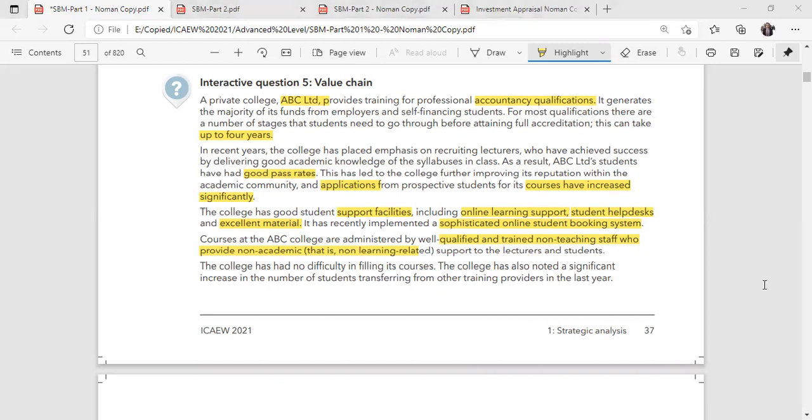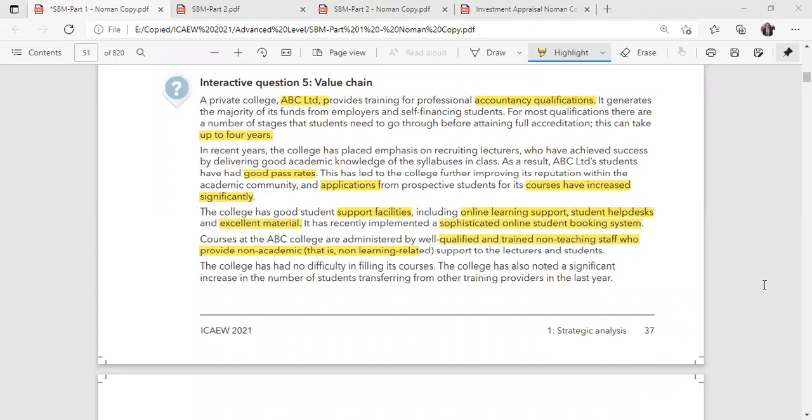So actually, in this case, in terms of primary activities, we have some good quality lecturers who have good experience in teaching. Then we have very good learning material which is being used, and then the online platform.